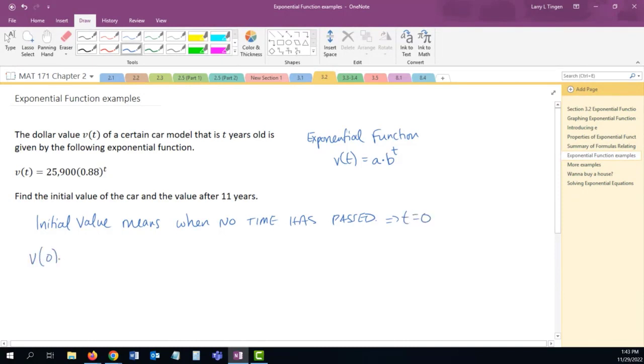So that means if I want the initial value, I use my exponential function, 0.88 raised to the 0. Anything to the 0 power is 1. So that's 25,900 times 1, which is 25,900. So the car's value is $25,900 to start.